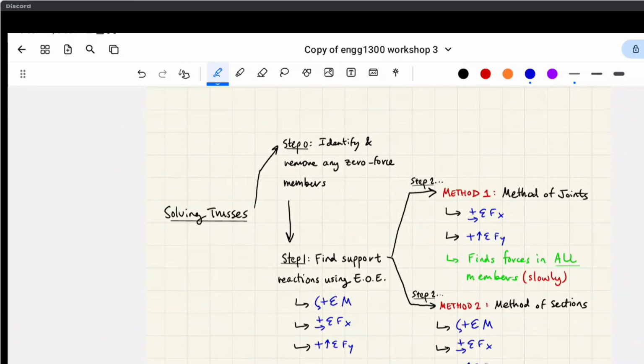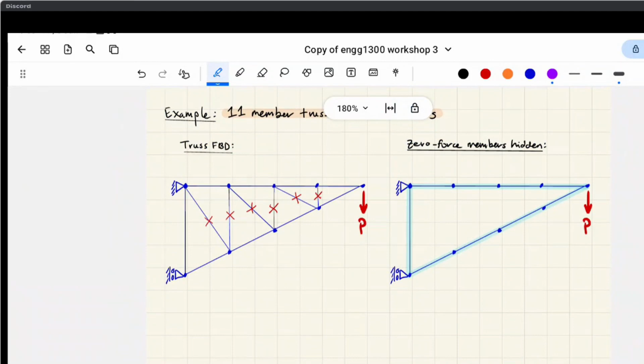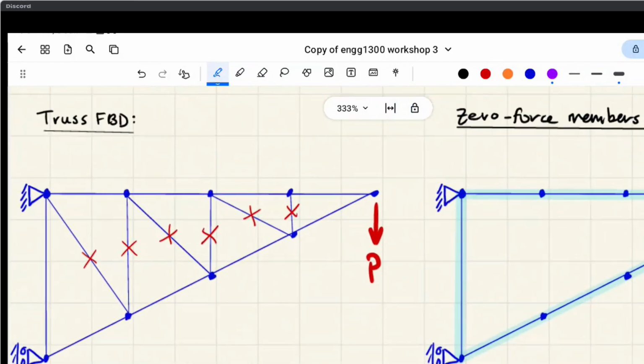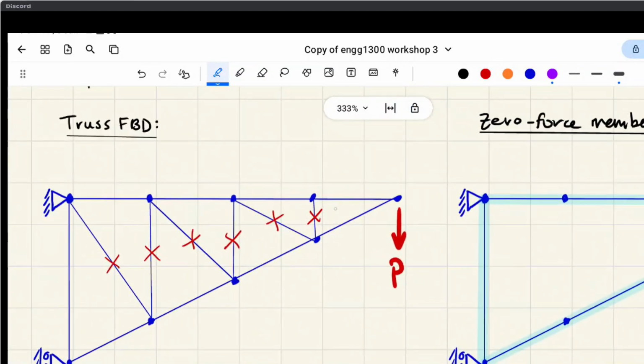With trusses, what we talked about earlier is identifying and removing zero force members. I would say that's the first step. One thing to keep in mind is to cross them out instead of deleting them.